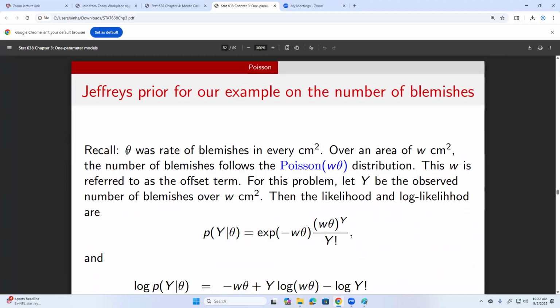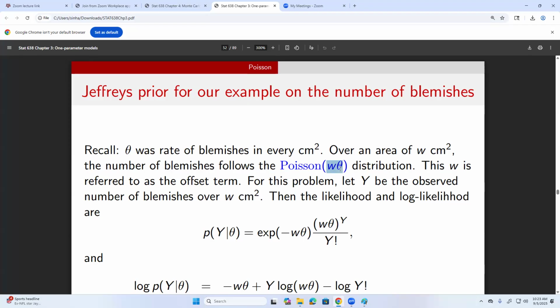So theta, what is our interest? Our interest is in estimating theta, the number of blemishes per square centimeter. So over an area of W square centimeter, the number of blemishes follows the Poisson distribution with parameter W times theta.